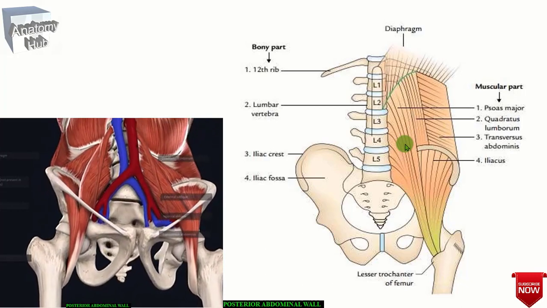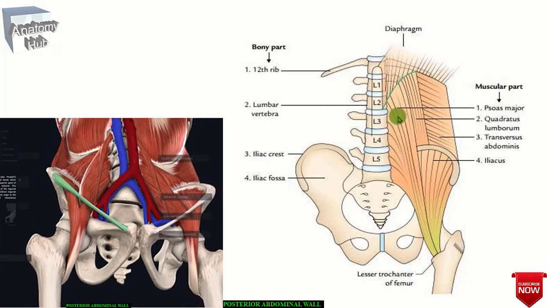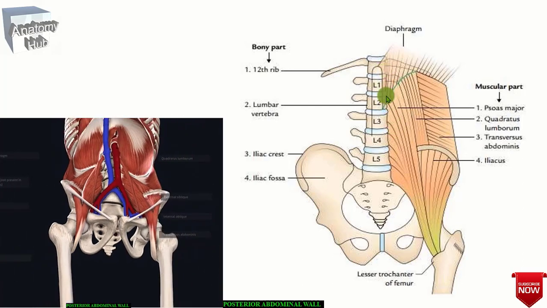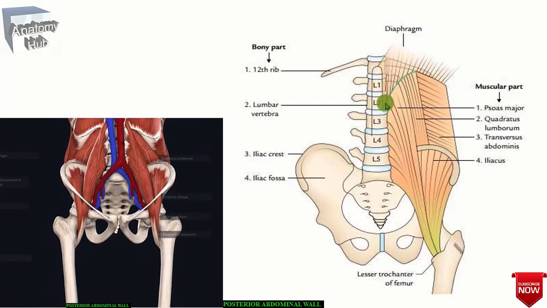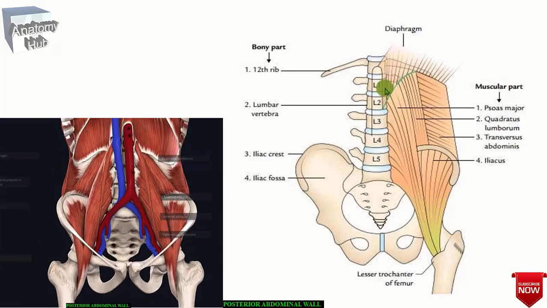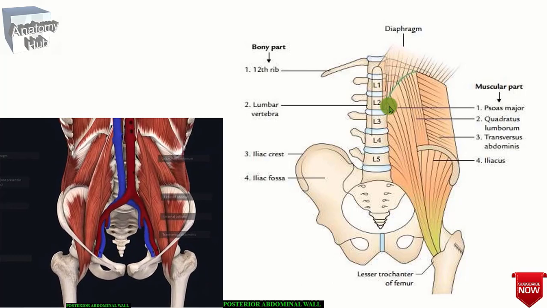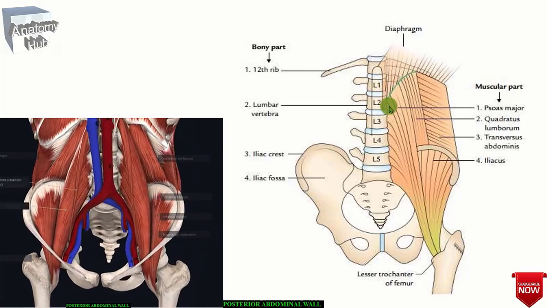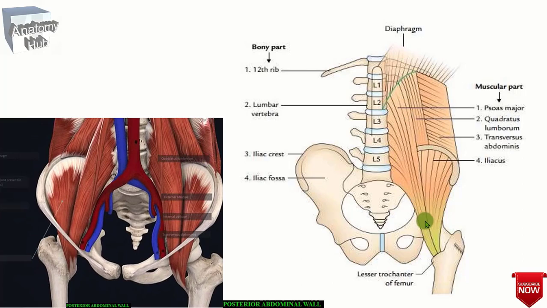In some cases you will find a small muscle just anterior to the psoas major muscle, the psoas minor muscle, present in about 50% of individuals. Its origin arises from the side of the intervertebral disc from T12 to L1 vertebra and adjoining parts of their bodies, and its insertion is at the iliopubic eminence of the hip bone.